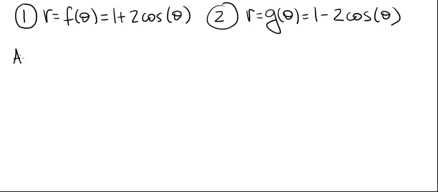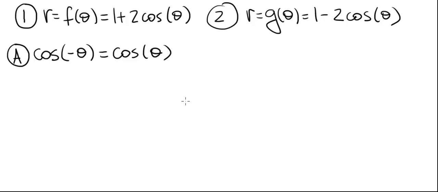We'll need two results. The first result is a trig identity: cosine of minus theta is equal to cosine of theta. This is true because cosine is an even function. And the second result we'll need is how to determine when the graph of a polar equation is symmetric.